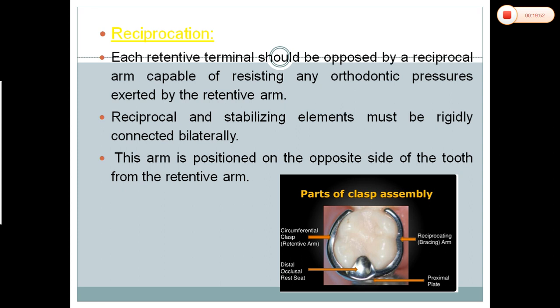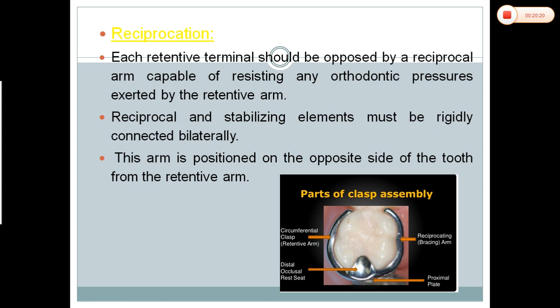As it passes the height of contour, it pushes the abutment tooth and generates a lateral force. These lateral forces have to be nullified. If lateral forces are not nullified, it has a damaging effect on the abutment teeth.